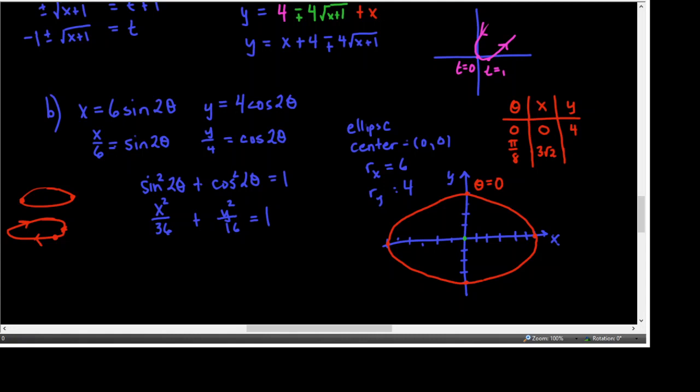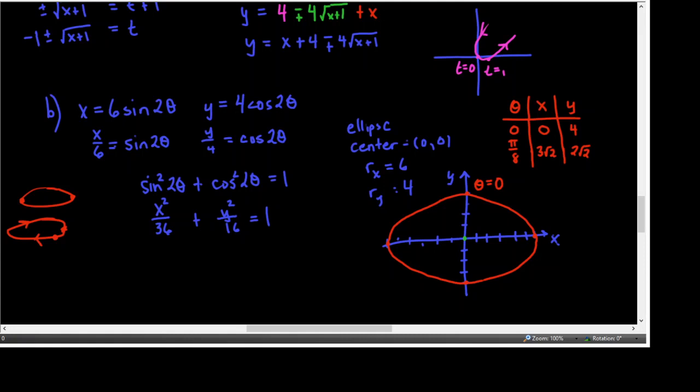Then for theta equals pi over 8, 2 times pi over 8 is pi over 4. Cosine pi over 4 is square root of 2 over 2 times 4 is 2 square roots of 2. So 3 square roots of 2 is about 4.2, and 2 square roots of 2 is about 2.8.